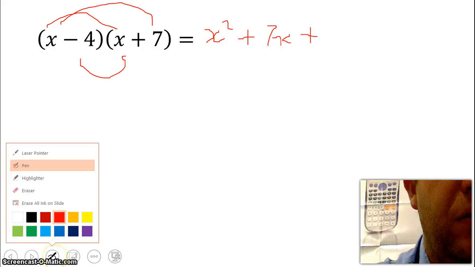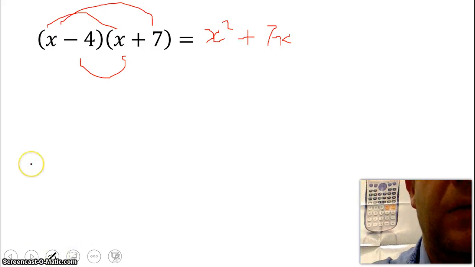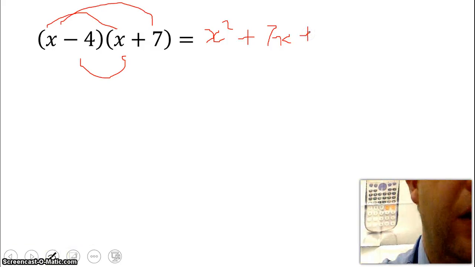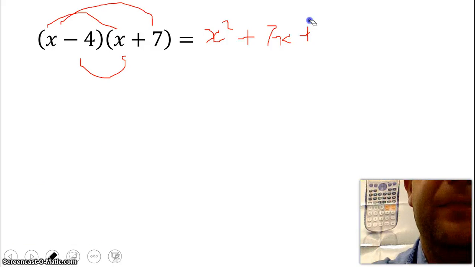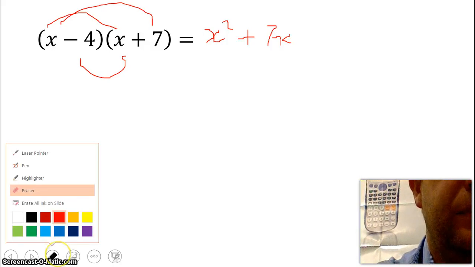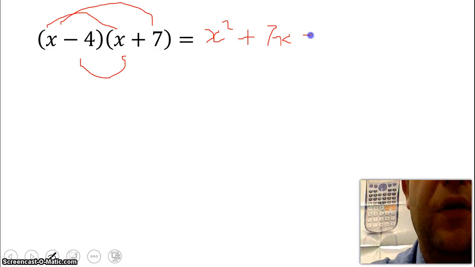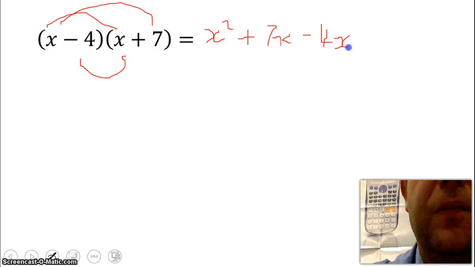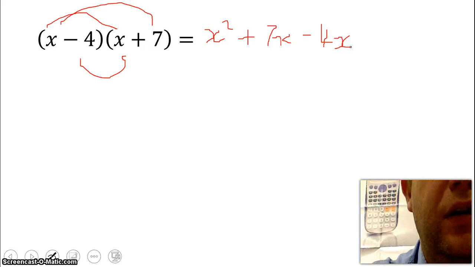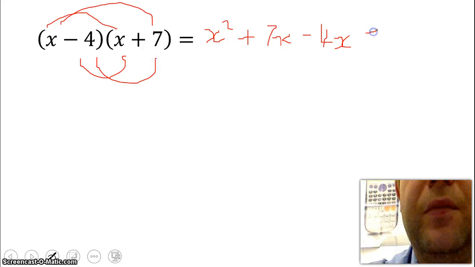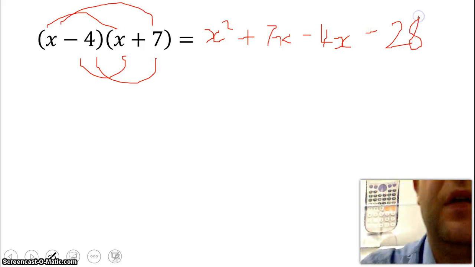I shouldn't have put that addition there. Let's try that again. Minus 4x. And then our last one, minus 4 times 7 is minus 28.